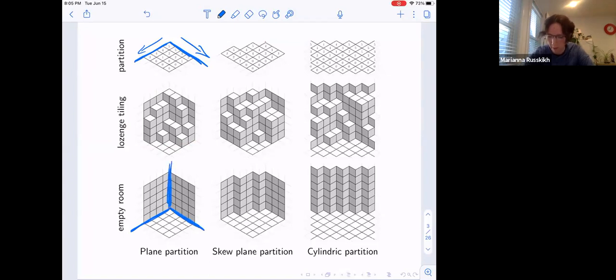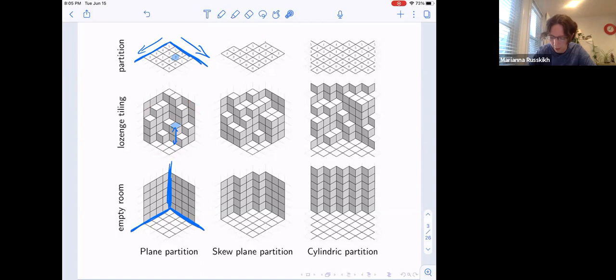Here the entries of the plane partition are simply the corresponding stacks of cubes. Also, one can think about a plane partition as a tiling of a triangular lattice by lozenges of 3 types with the following boundary conditions.